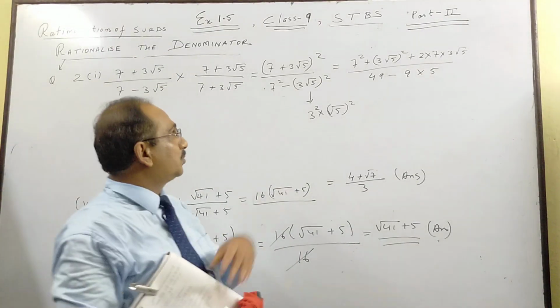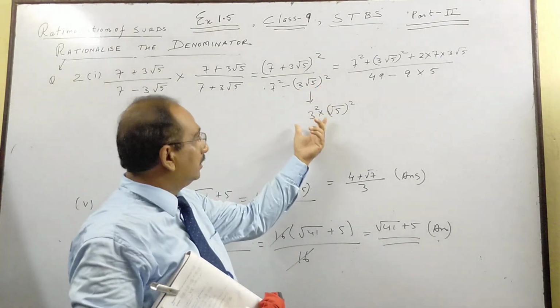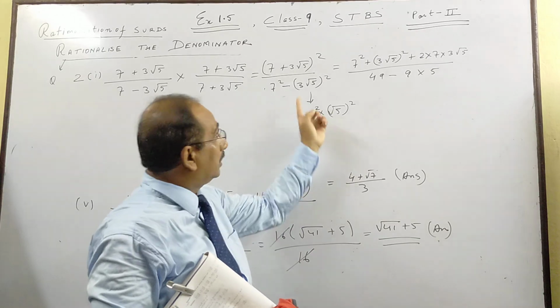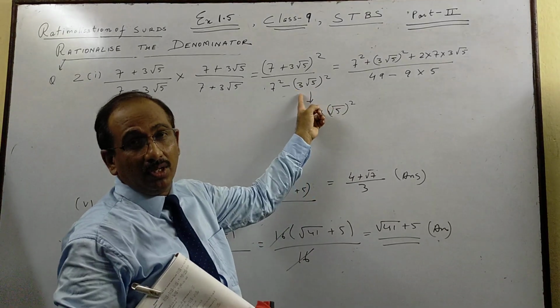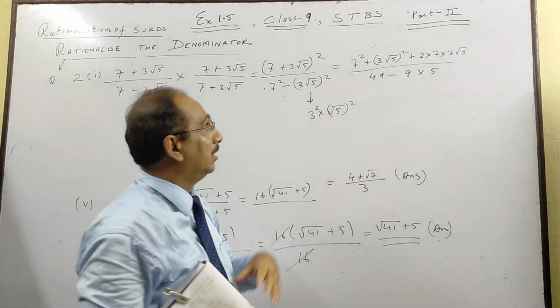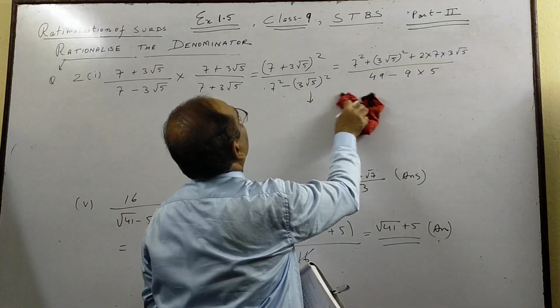Okay, did you get it? Once more, 3 root 5 whole square is 3 square into root 5 square. 3 square is 9 because this is without root sign, but 5 is in the root sign. So you will get only 5.